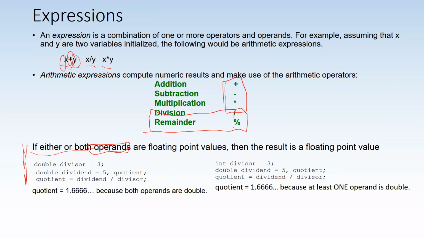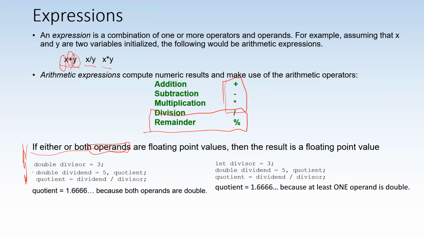Everybody, what are the two floating point data types? Float and double. Yes, very good. Float and double are the floating point data types for decimal numbers. If either or both are floating point values, then the result is a floating point value.